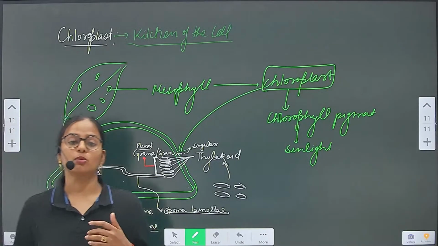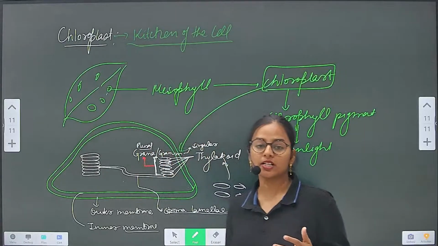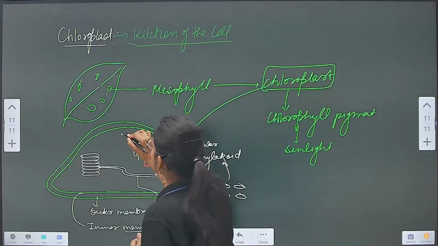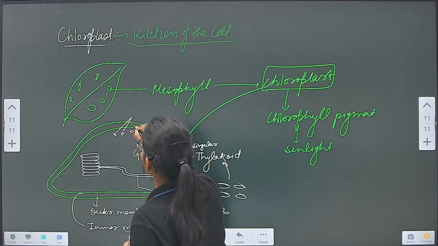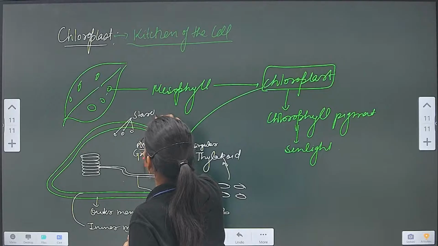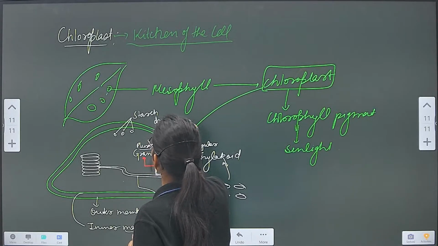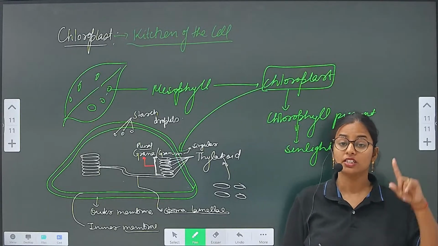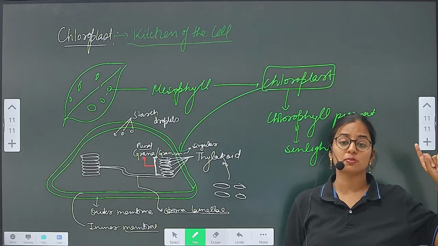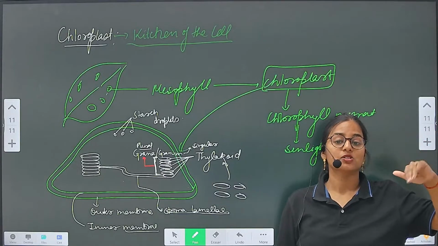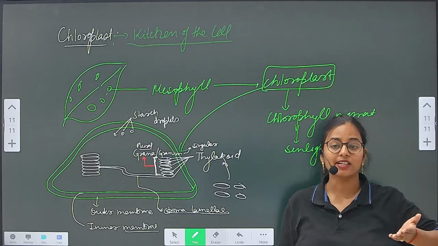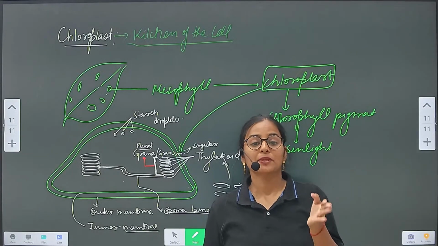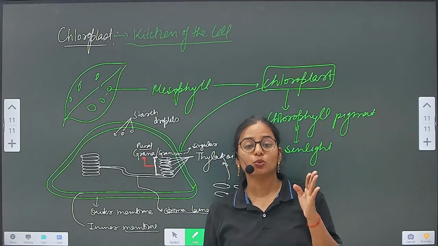What else is present in the chloroplast? Because chloroplast is synthesizing sugar which is stored in the form of starch, we will be drawing starch droplets. These are the food. And my dear students, you will wonder to know that the chloroplast also consists of ribosomes, which are present in prokaryotes, also in eukaryotes, as well as inside chloroplast, because chloroplasts need their own proteins to be synthesized.